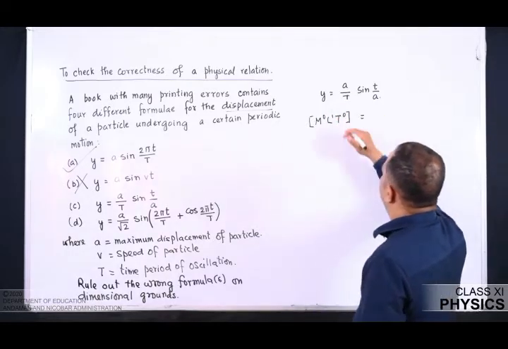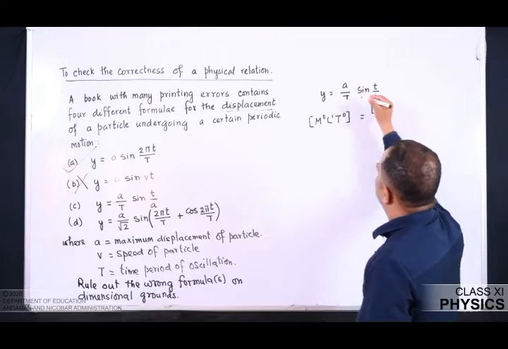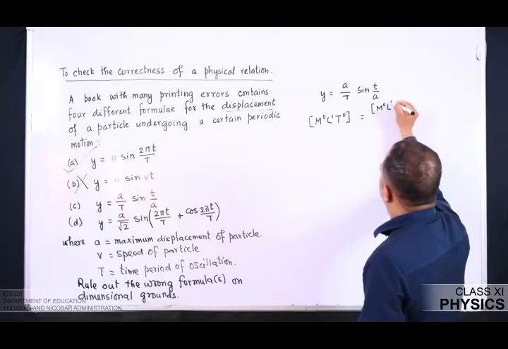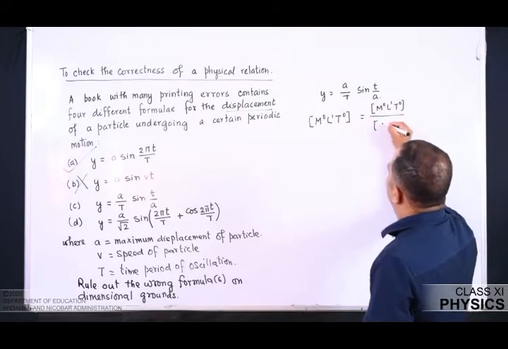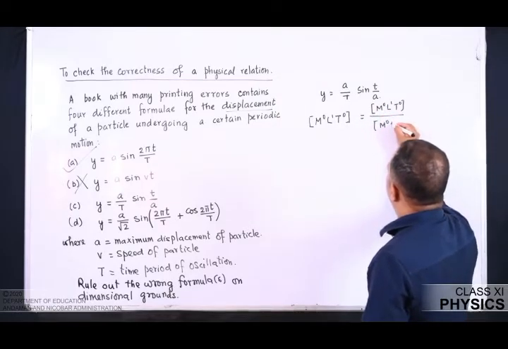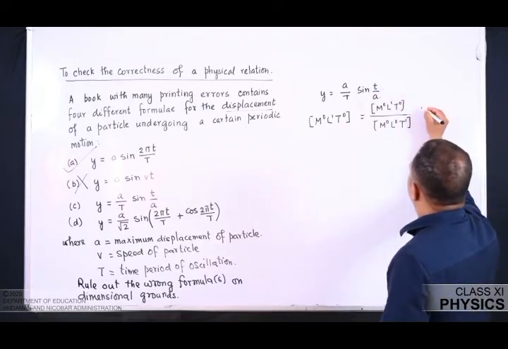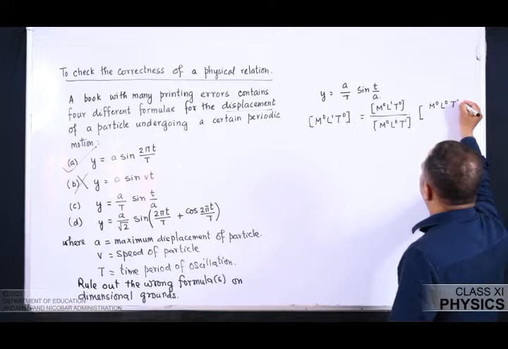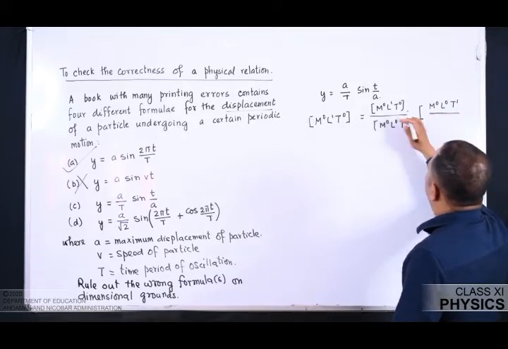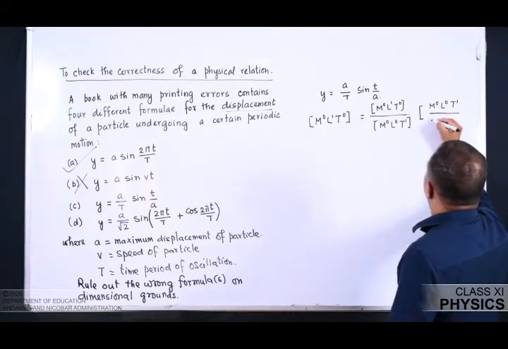And on the right hand side, this is displacement at the numerator and at the denominator it is time period, so M power 0, L power 0 and T power 1. And when I talk about the dimension of this, at the numerator I have M power 0, L power 0, T power 1, and at the denominator this is displacement, and this works out to be M power 0, L power 1, T power 0.